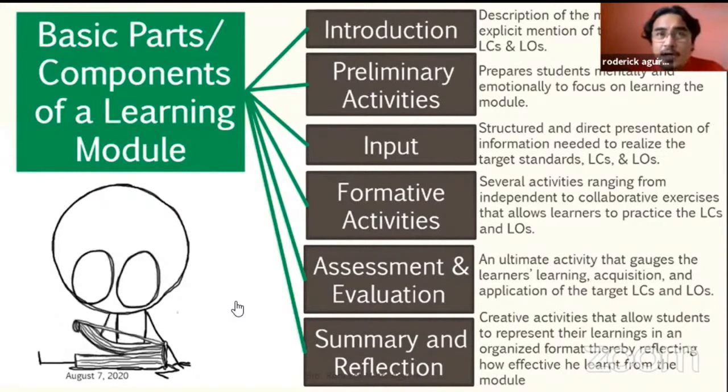The reflection part may be a journal reflection with guide questions for students to answer at the end of every module, which can be submitted to the teachers so that the teachers will use this reflection as feedback on how they can modify and improve their module writing the next time they create another module. Importante pa may reflection po yan sa ating mga modules.